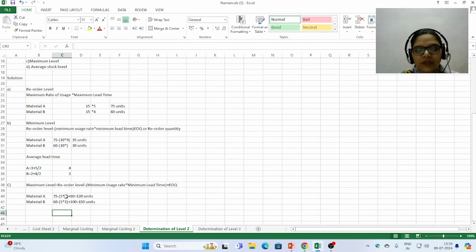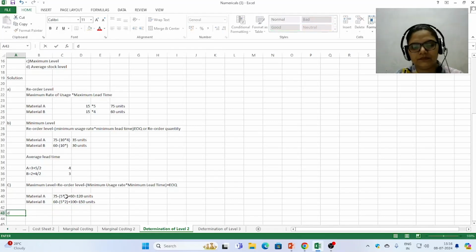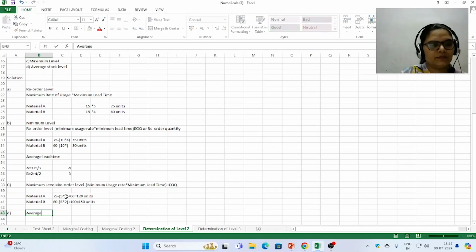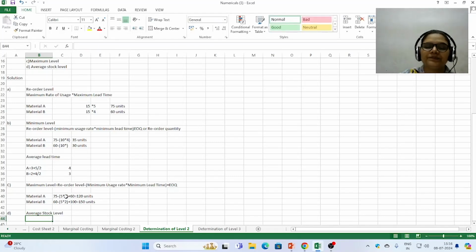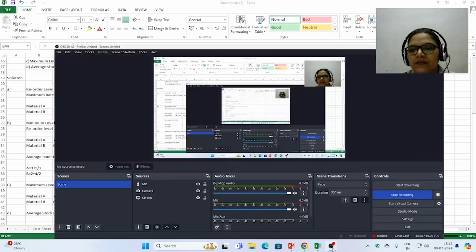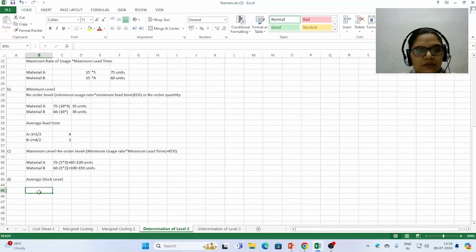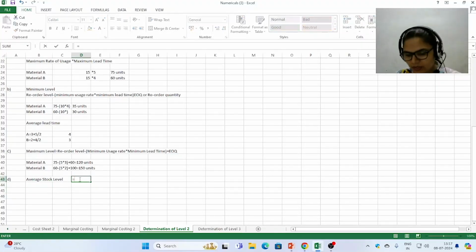Now, average stock level. We all know the formula is equal to minimum level plus half of reorder quantity.